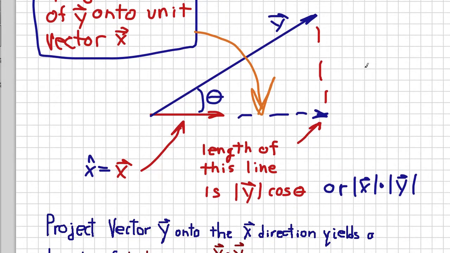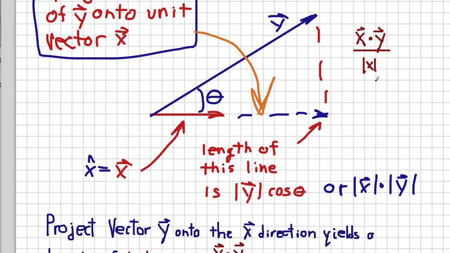Okay, so when we talk about doing a projection of one vector onto another, we do it by doing dot products like this. So we get the projection in general by doing something like x dot y. So the projection of the y vector onto the x vector is x dot y divided by magnitude of x.